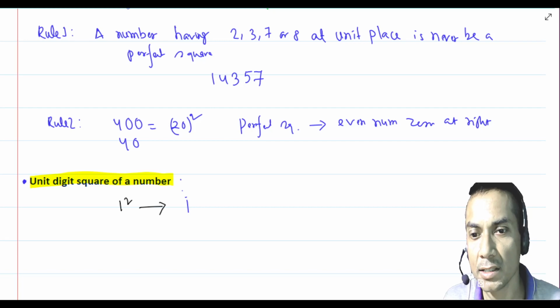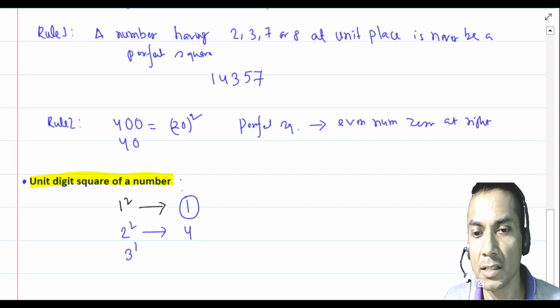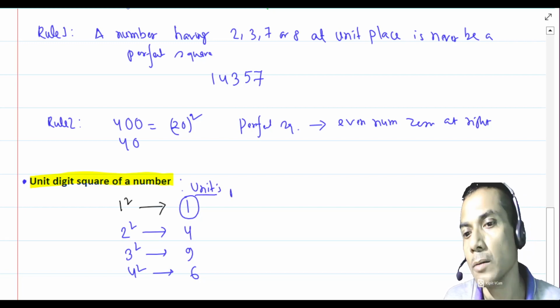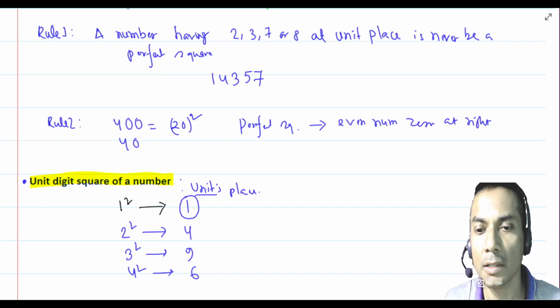So the unit digit is 1. Okay. If it is 2 square, it will be 4. And if it is 3 square, it will be 9. 4 square gives 6 at the unit place. Clear?